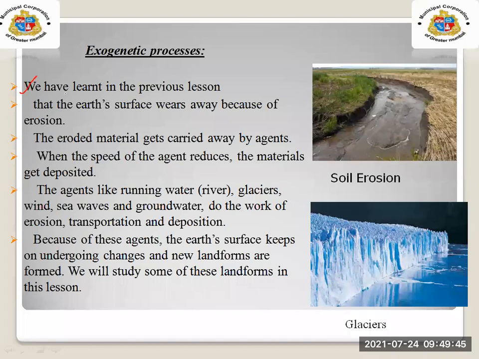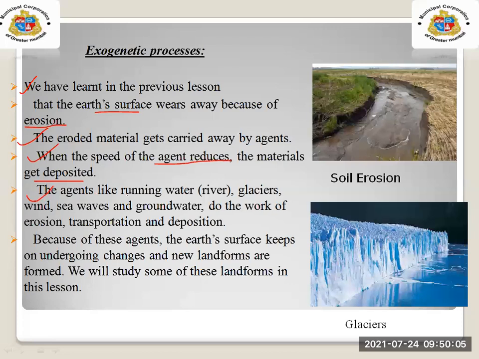See, we have learned in the previous lesson that the Earth's surface wears away because of erosion. The eroded material gets carried away by agents. When the speed of the agent reduces, the materials get deposited.